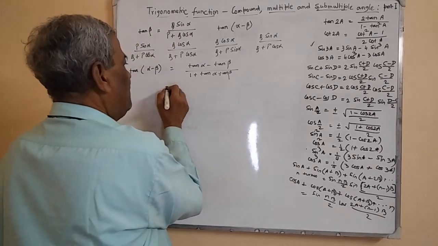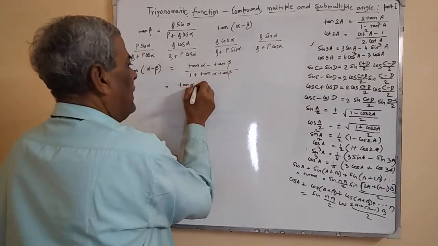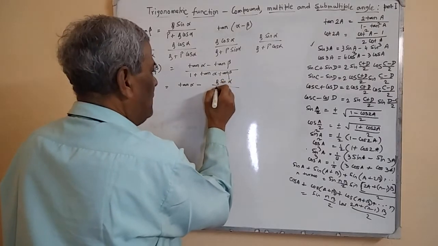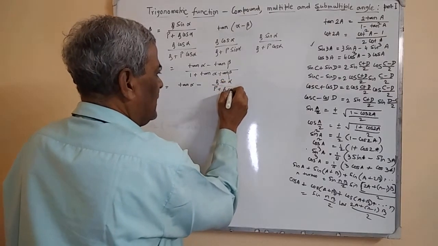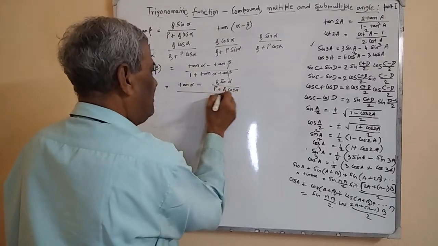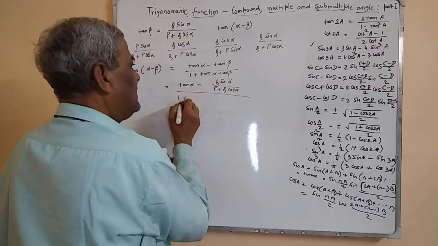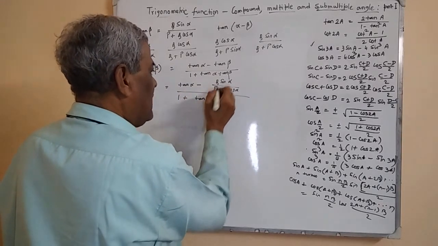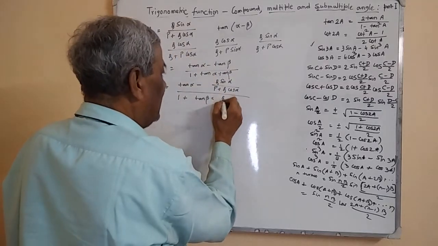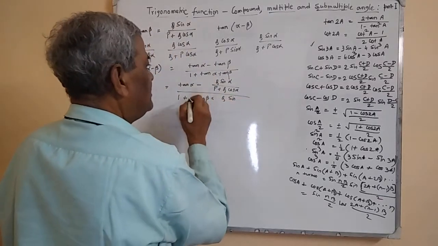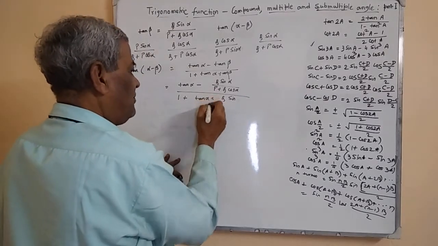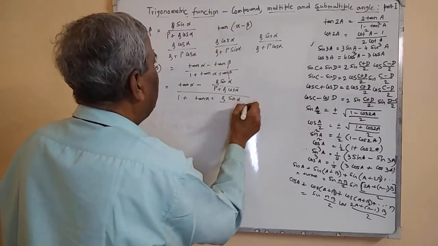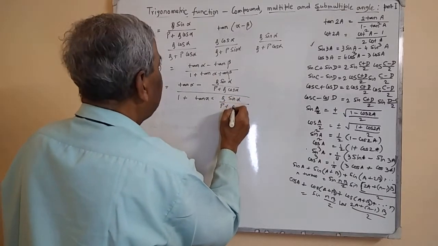So it is equal to tan alpha minus q sin alpha by p plus q cos alpha, by 1 plus tan alpha into tan beta. Tan alpha into tan beta is q sin alpha divided by p plus q cos alpha.